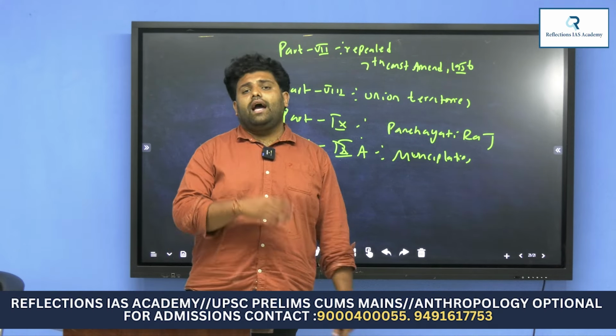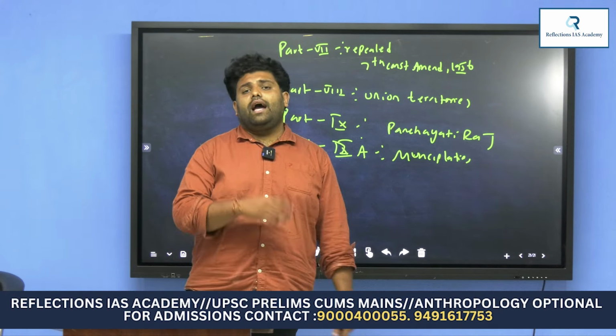Then it talks about Union territories, Panchayati Raj, municipalities, cooperative societies. Yes or no? Then it talks about the relation between the Union and states, administratively, legislatively, and also financially.